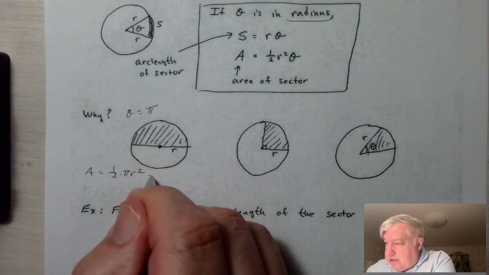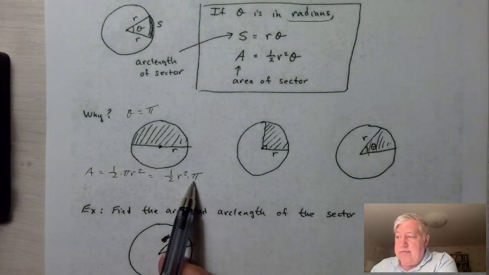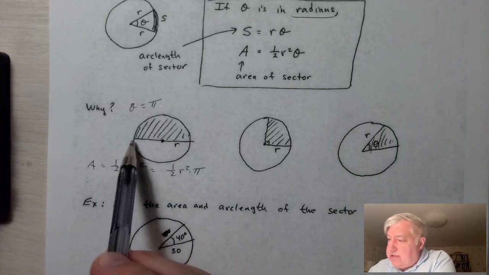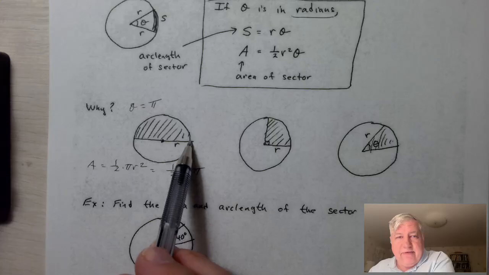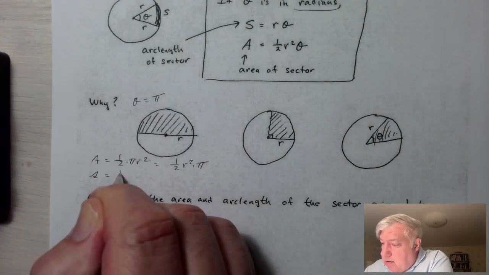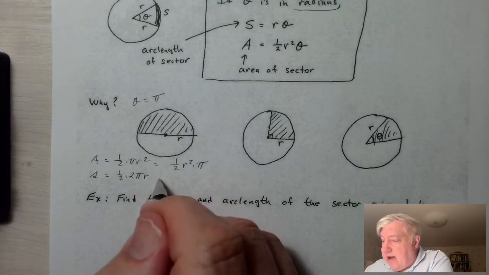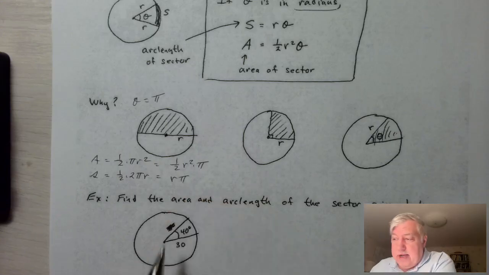Okay, but this is just the same thing as 1/2 r squared times pi, and pi is theta in this case. The circumference, or the arc length, would be half the circle, half the circumference. So S would be 1/2 times 2 pi r, and of course the 2's cancel out, and we get just r times pi. Okay, so this is r times the angle.